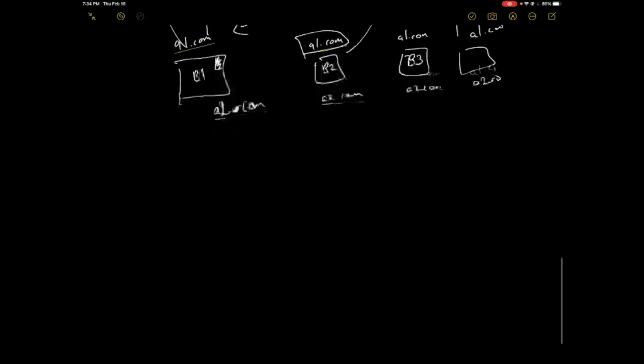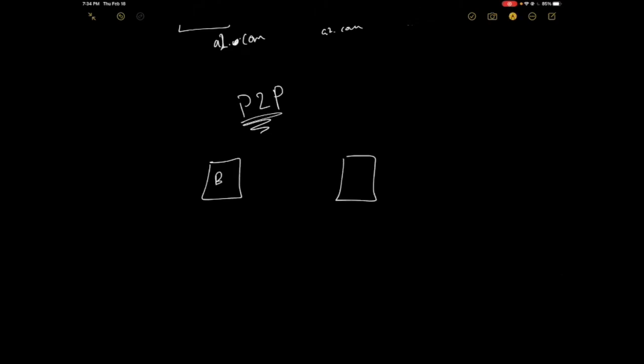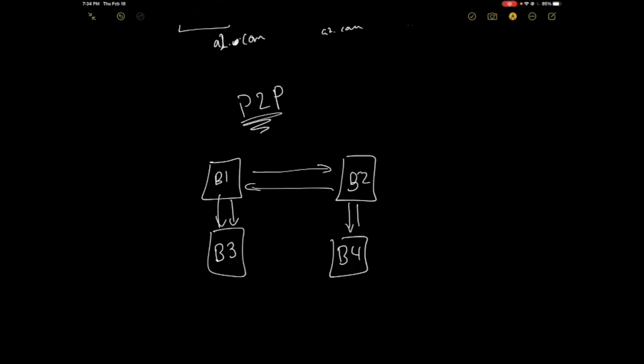Another architecture that's really useful is called a peer-to-peer architecture, P2P. And in this architecture, all the bots, so B1, B2, B3, and B4, can be both a bot and a CNC server. So any bot could control the botnet.